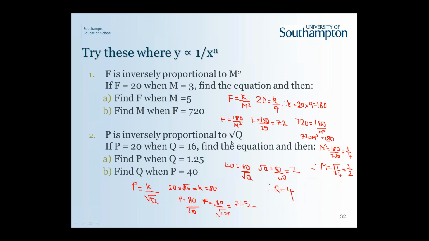This, where it's inversely proportional to a root, definitely. The root ones are definitely the trickiest, aren't they, to think about. To not square or root the wrong way, back to front. Does anyone disagree with it and have any questions about it?